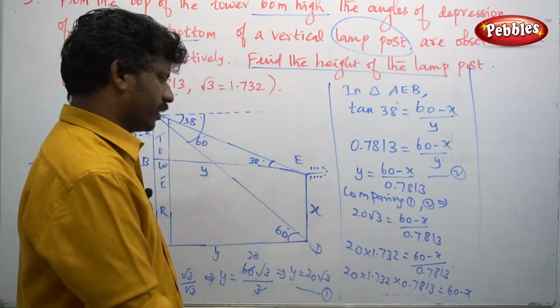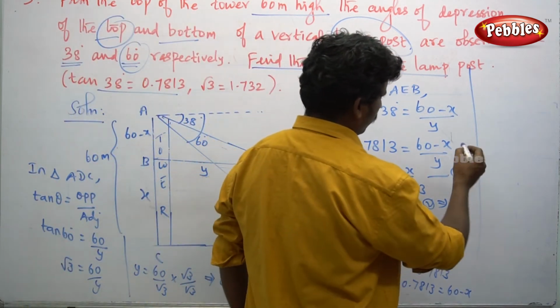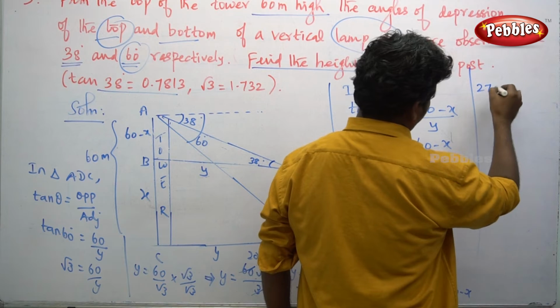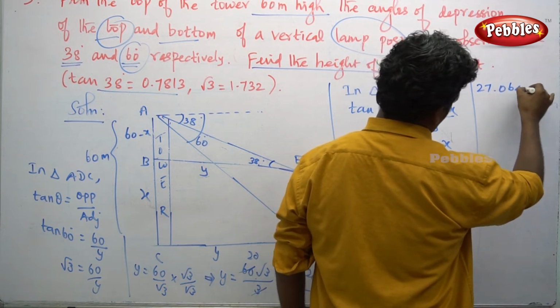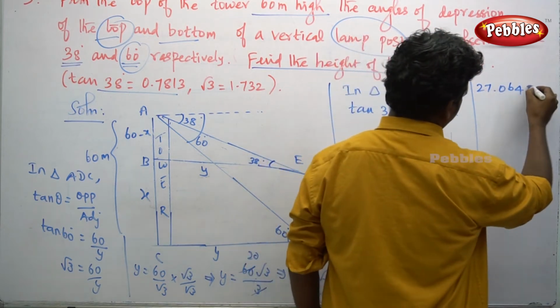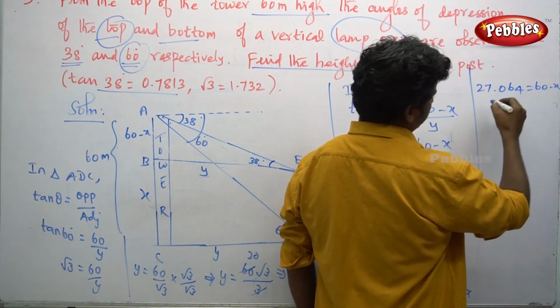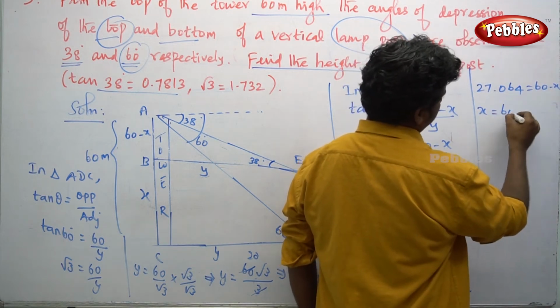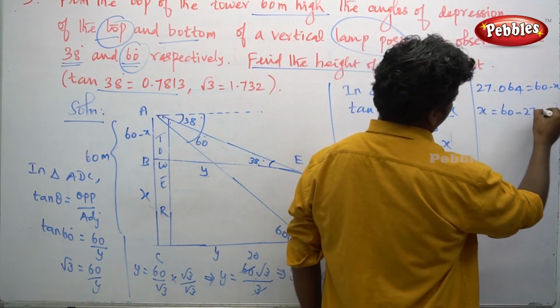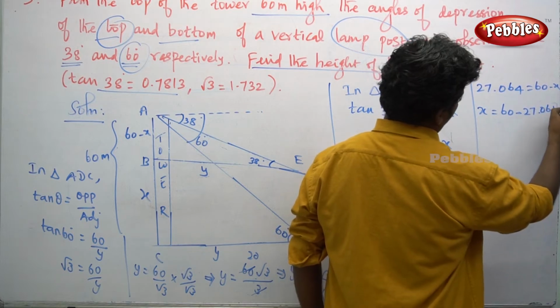Now இப்போ இது நம்ம மல்டிபிள் பண்ணுறோம், இது 3 வேல்யூஸும் மல்டிபிள் பண்ணியாச்சு அப்படின்னா the 27.064 is equal to, this is 60 minus x. இப்போ இந்த minus x இங்கே கொண்டு வந்தால் plus x, then 60 minus this 27.064, right?